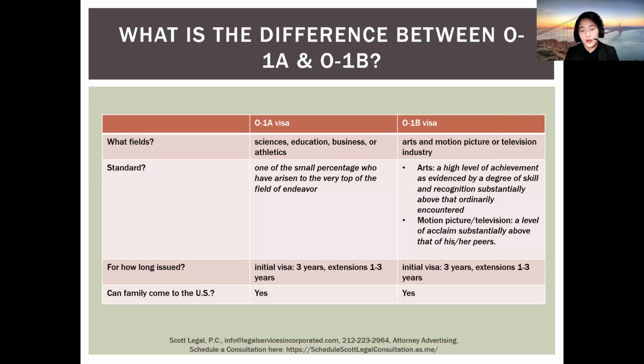Now, you could potentially work towards getting a 3-year extension if you have a new set of projects that you will be engaged under. So for these new set of projects, a 3-year extension could also be contemplated. However, in both cases, you do need to show proof of existence of work in the United States. For both O1A and O1B, you do need to show that there is demand for that work.